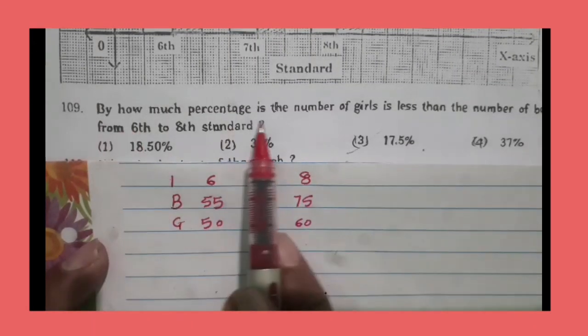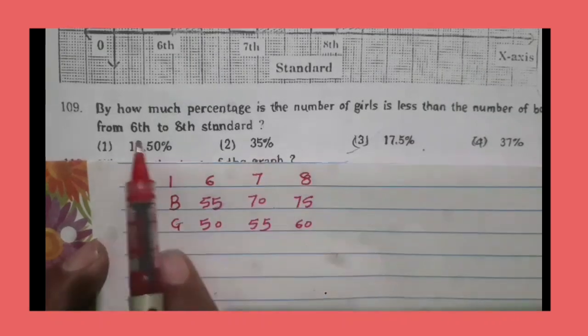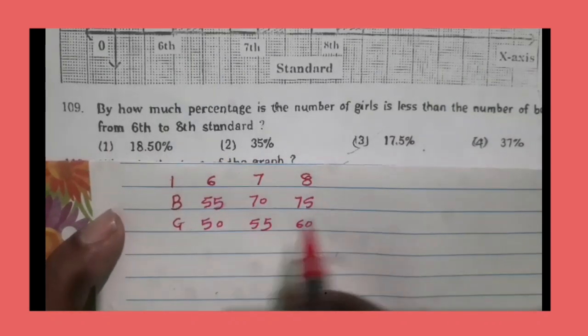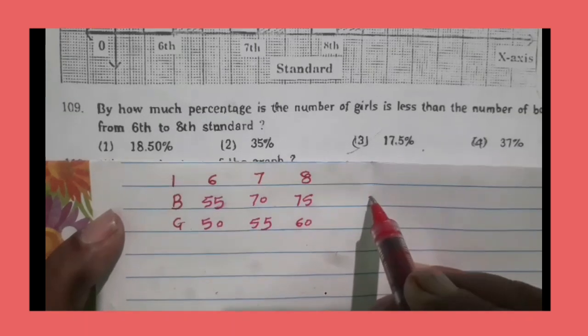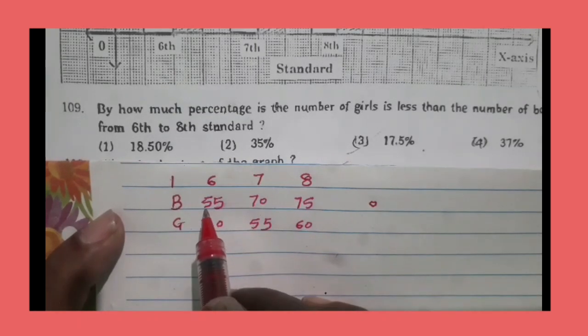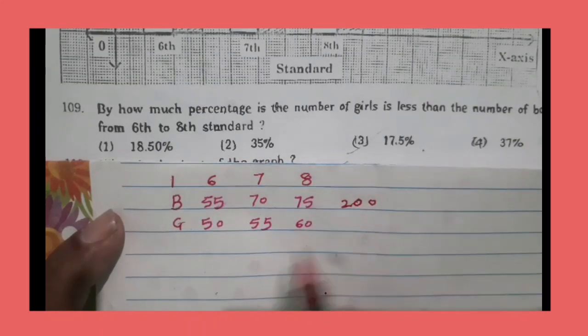By how much percentage is the number of girls less than the number of boys from 6 to 8 standard? Now add: 5 plus 5 is 10, 7, 7, 14 and 20. Total is 200 students.